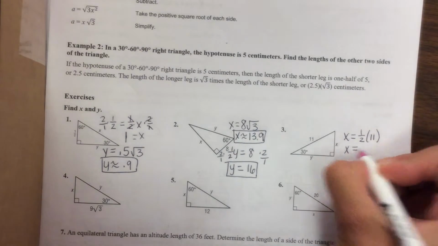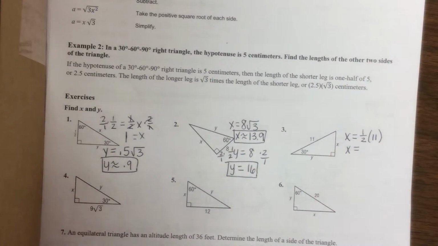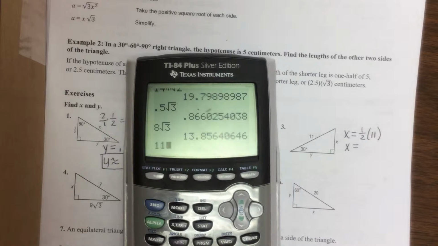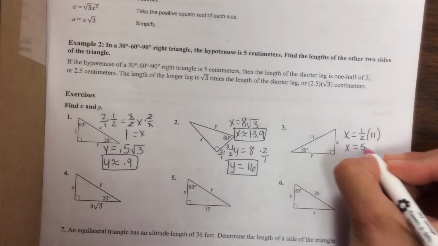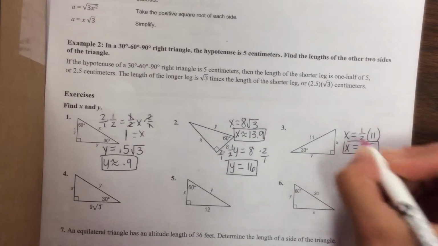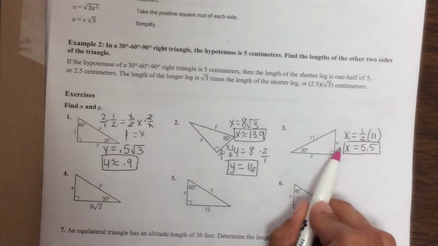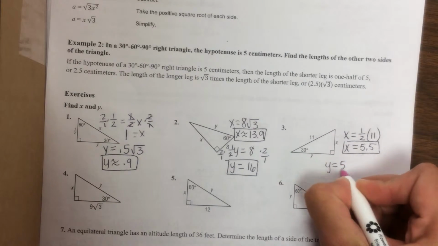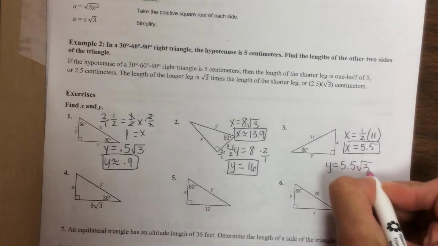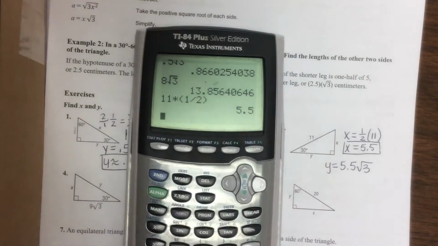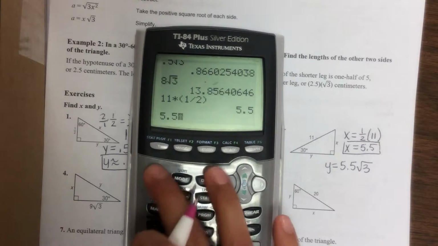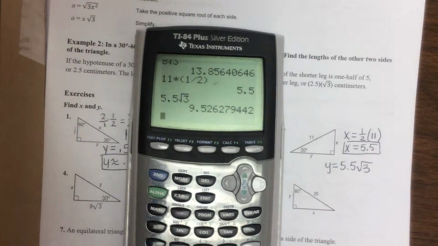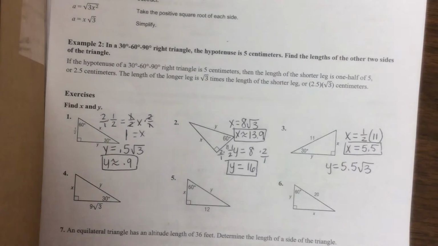Okay, so x is equal to 5.5, and you can see that by 11 times 1/2 gives me 5.5. Since we know what the short leg is, we can take the y and set it equal to 5.5 square roots of 3. Type that into our calculator, and that gives us approximately 9.5.